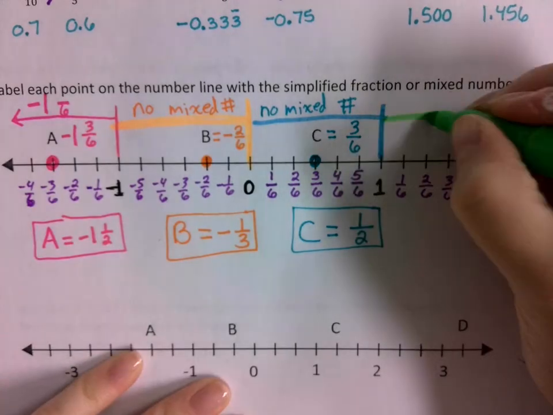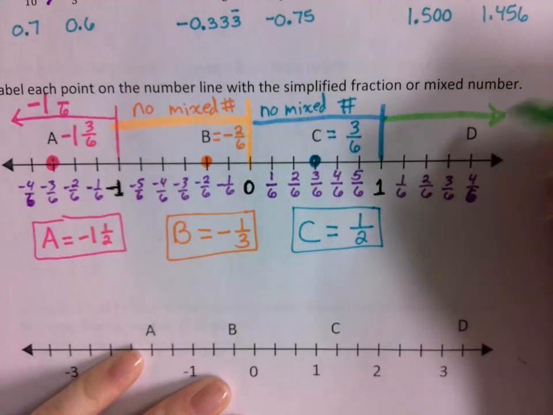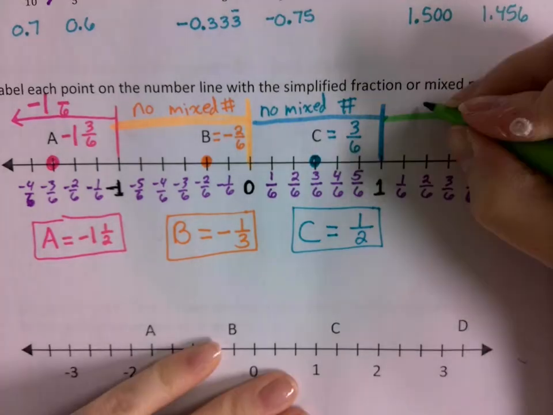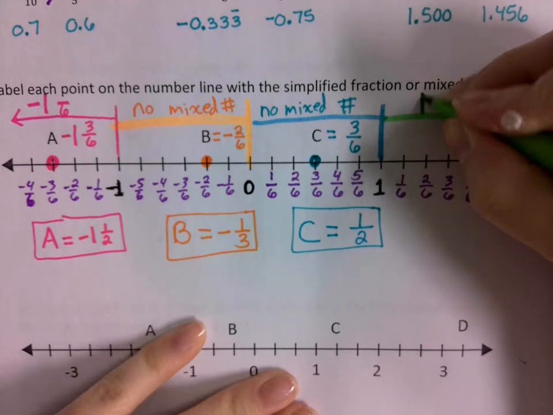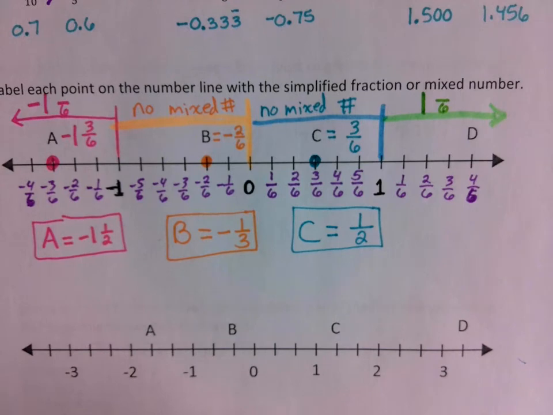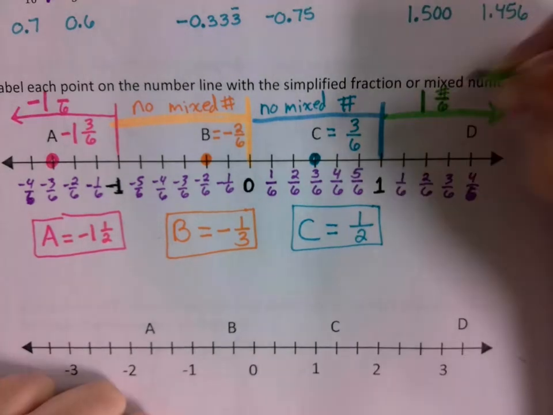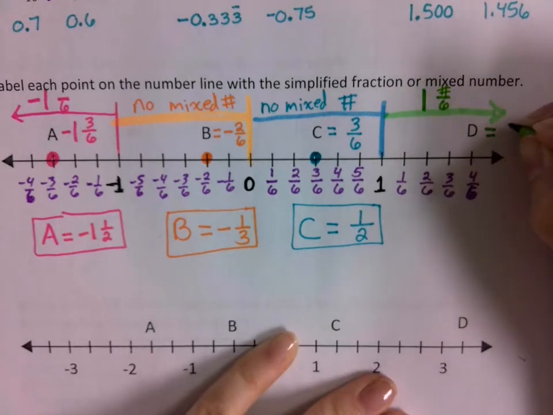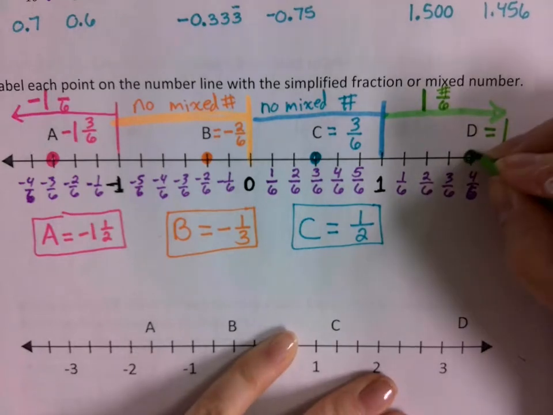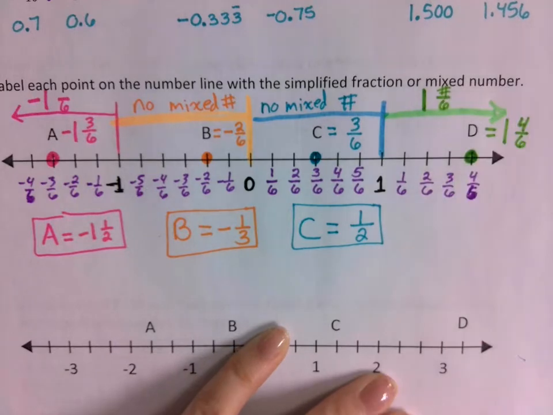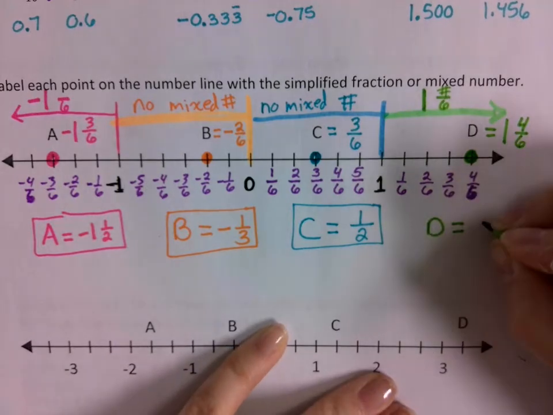So that means point D is going to have a mixed number, with 1 whole and then a fraction with the denominator being a 6. We know D is going to have that 1 whole, and it's going to be here at 4/6. So it's 1 and 4/6. But we always want to simplify it. It simplifies to 1 and 2/3.